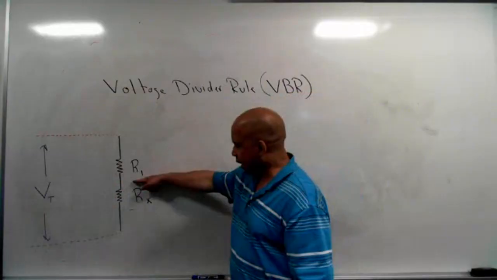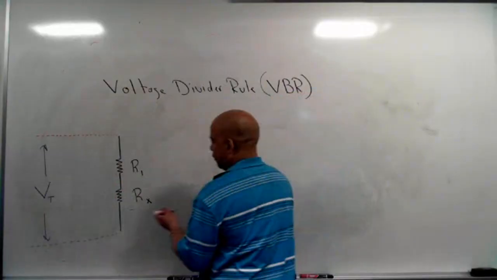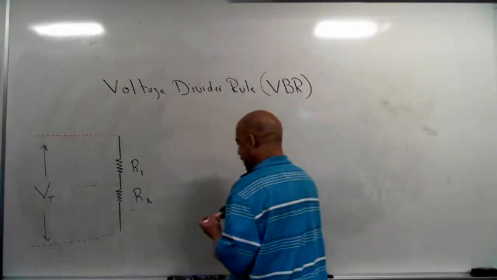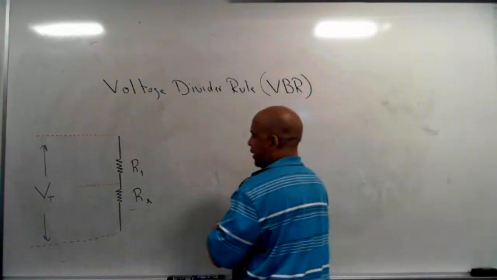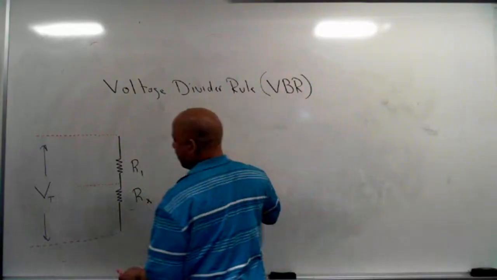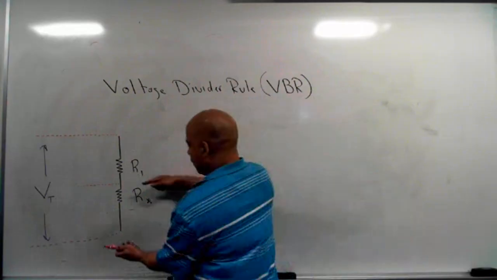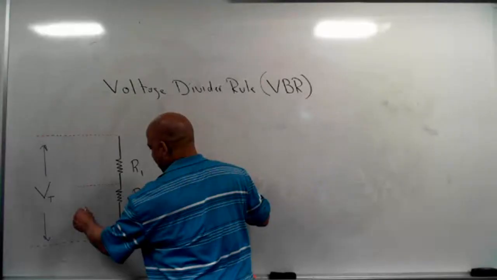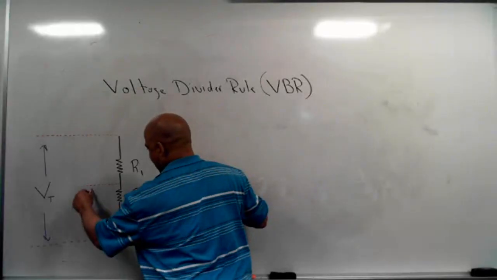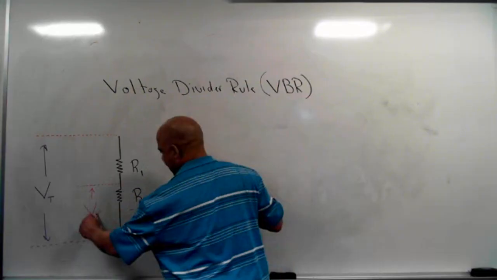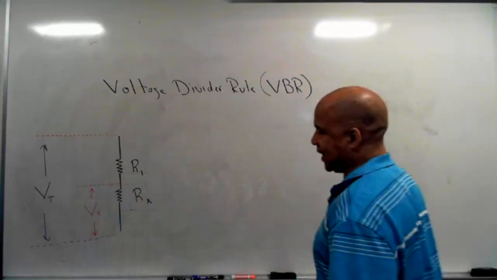But if I just measure across this resistor, so I can put another little dotted line right here, I can measure across that resistor, and that voltage is just, remember, you name the voltage after the resistance. So this is Rx, the voltage across it, that voltage from there to there, if that's Rx, then we'll call this Vx.